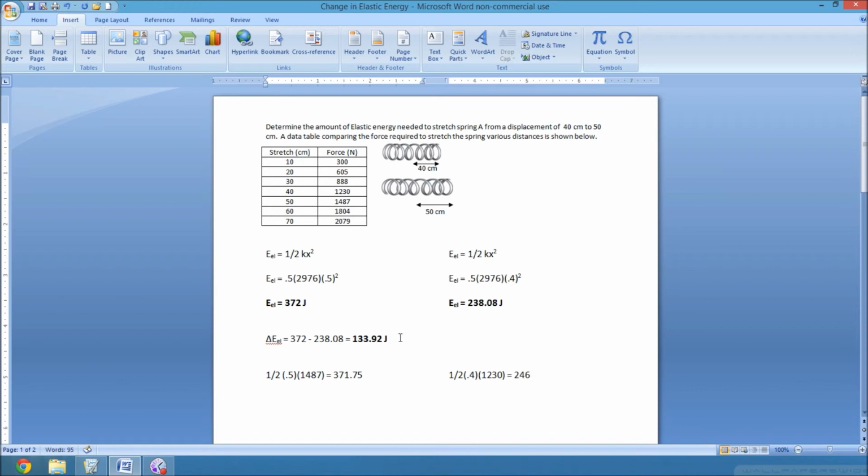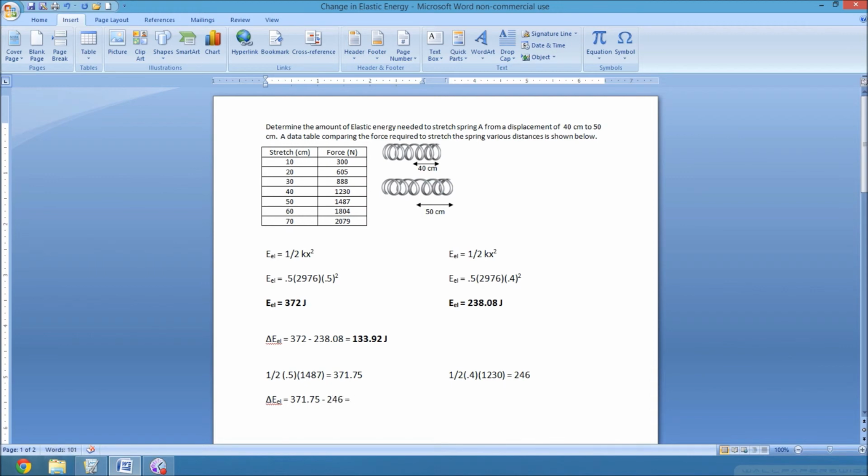So the change in elastic energy should be the big triangle, 371.75, minus the little triangle, 246.